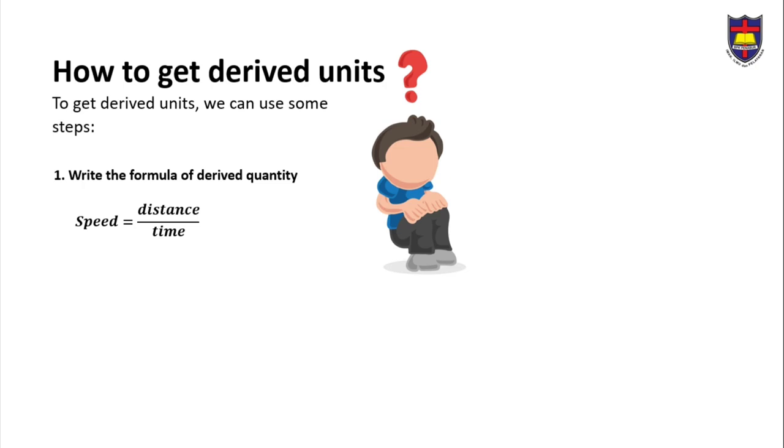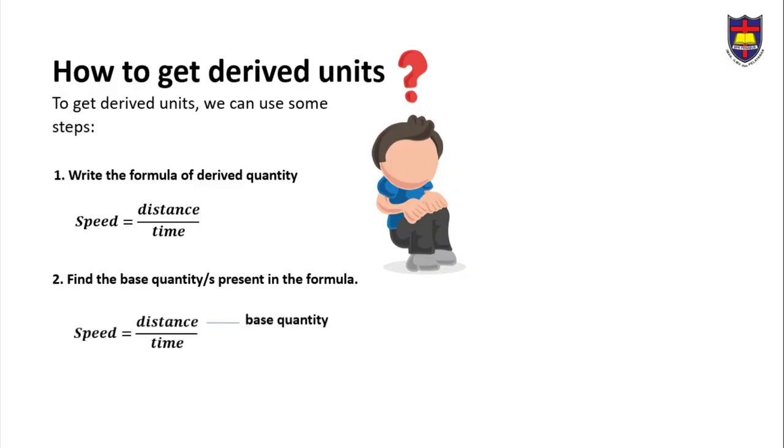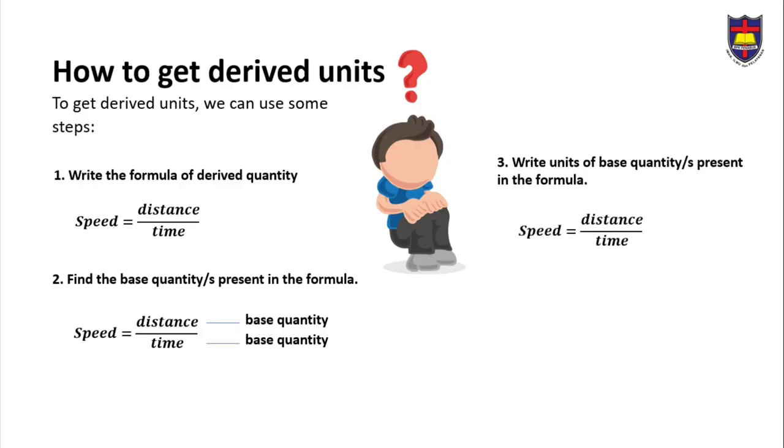The second step, find the base quantities present in the formula. In this case, we have two base quantities. Distance is a base quantity and time is a base quantity. Now the third step, write the units of the base quantities present in the formula. The base unit of distance is meter and the base unit of time is second.